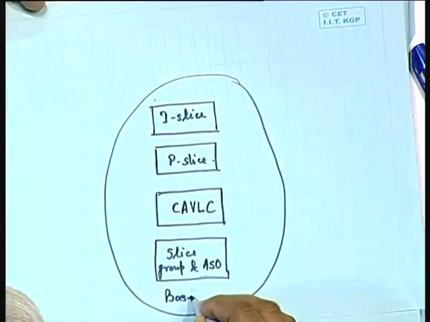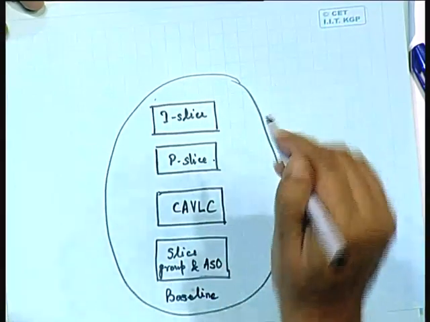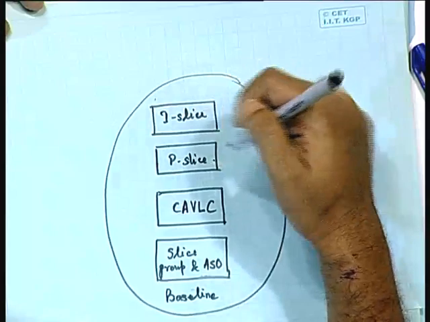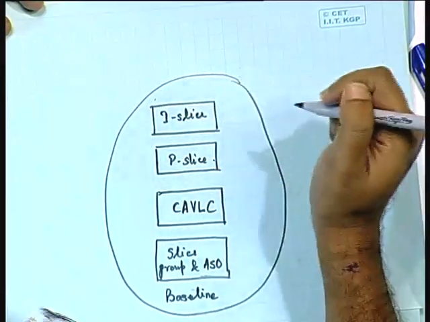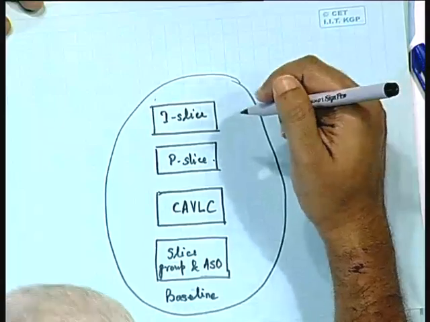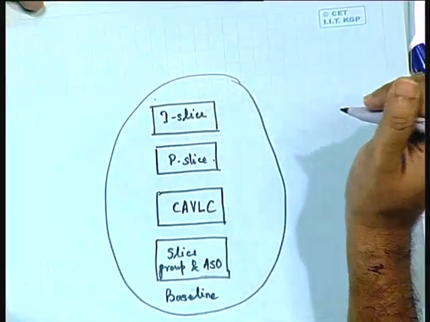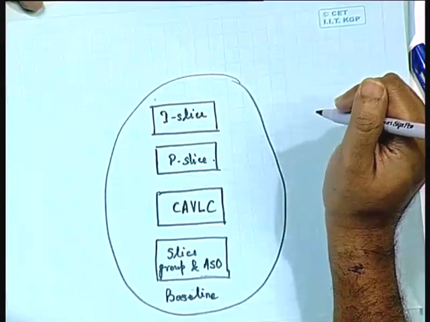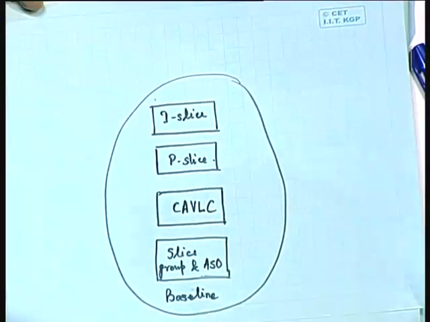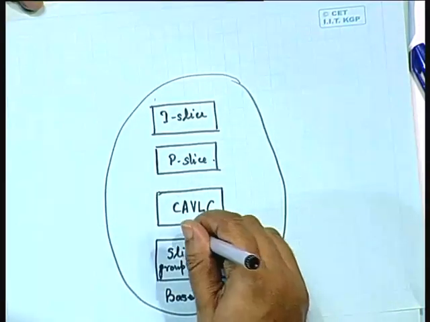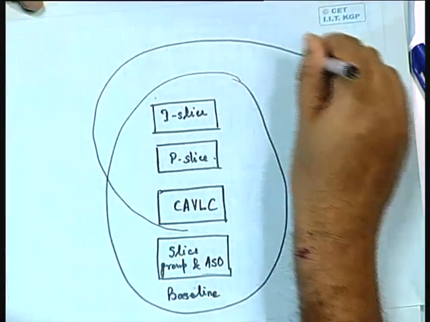You can find one omission: in the baseline profile we do not have the B slices, we only have the I slice and the P slice. In the entropy coding it adopts CAVLC. Whereas in the main profile, the B slices are included.